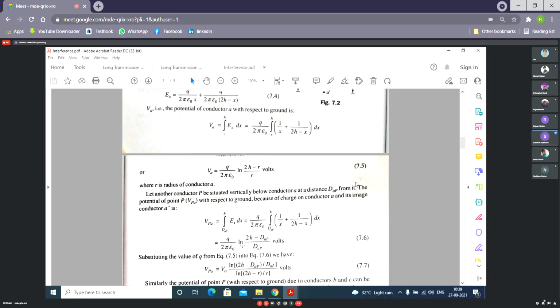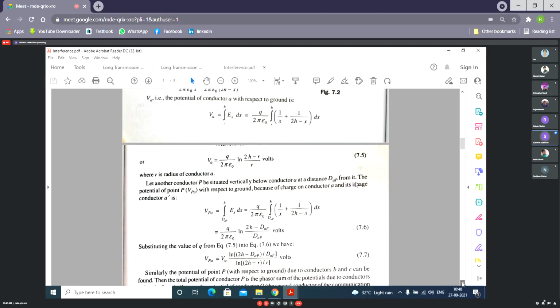So expressing this with respect to VA, you replace Q by 2 pi epsilon 0 by VA by this one. So you will get this one. So this is the potential of P with respect to the potential due to the charge in conductor A.